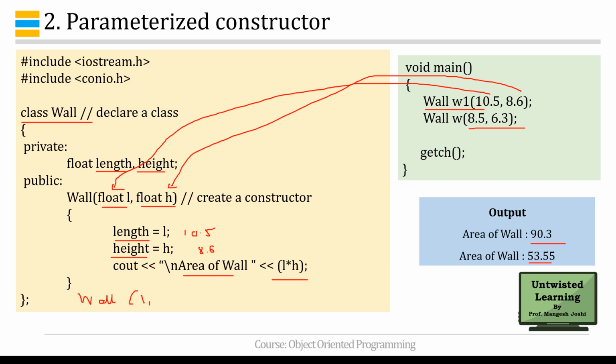You may pass length, width and height, and you may write something here, L into W into H. If you pass, suppose, three arguments, 1, 2, 3, then it will call this constructor. So depending on the number of arguments, it will call its corresponding parameterized constructor. In this way, the parameterized constructor works.